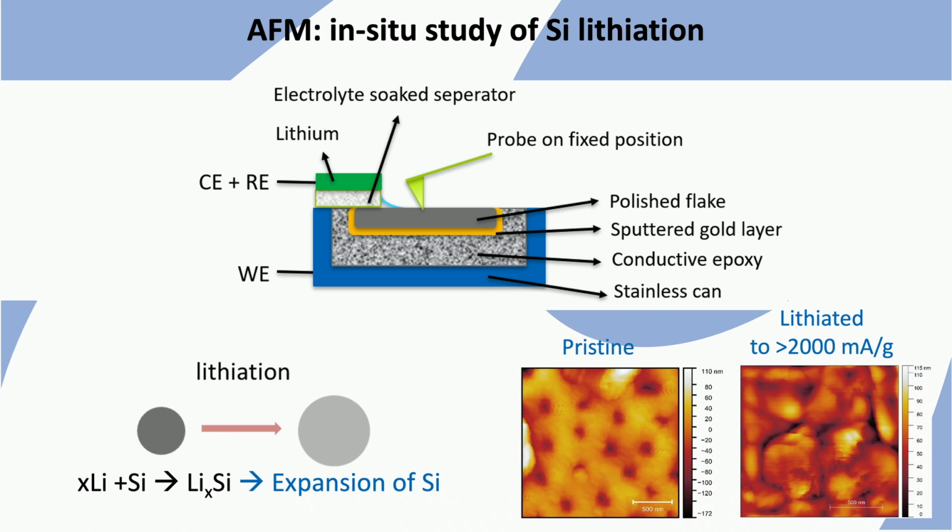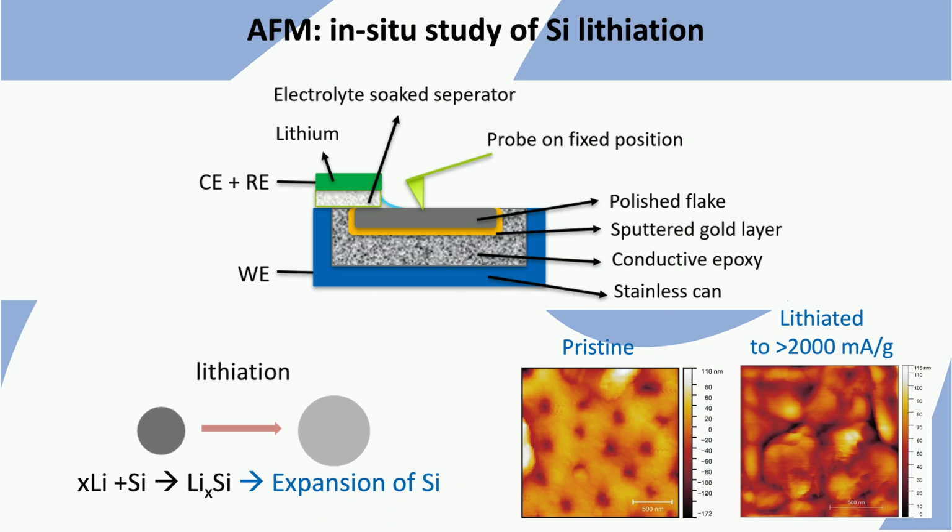Lithiation of the silicon was done with lithium separated with a heavily soaked separator with standard electrolyte solution. From there, a thin liquid film of the electrolyte was covering the sample, and subsequently we started to discharge the cell, followed by monitoring the surface at certain times at a fixed point, that is to say, within the scanning area.